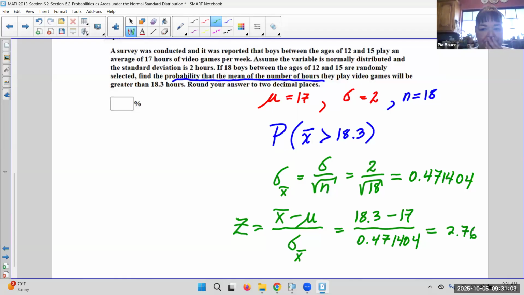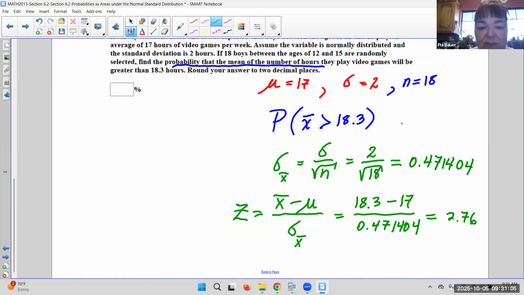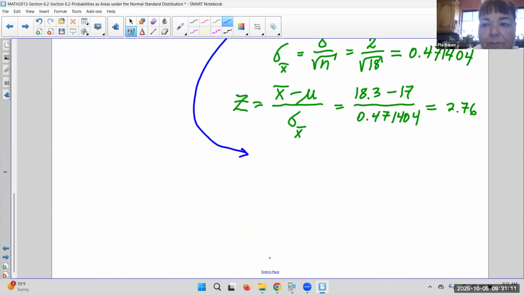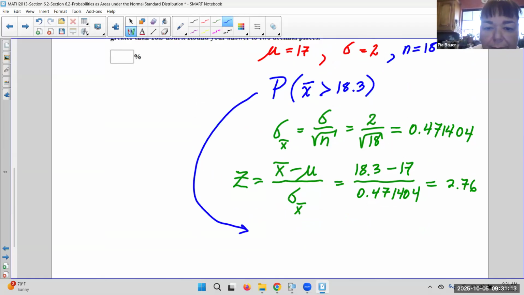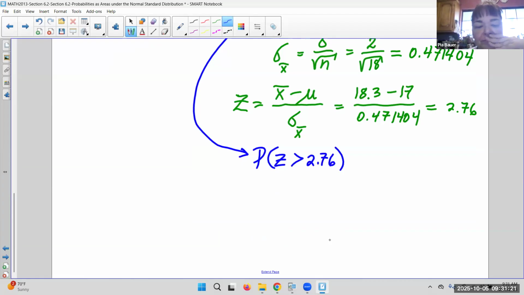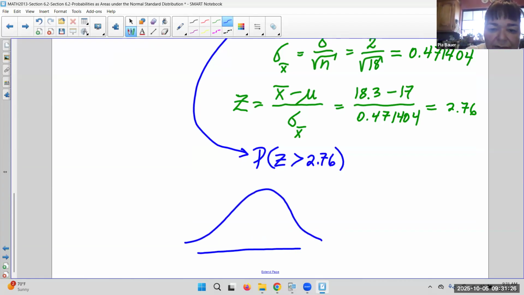Okay, so then this probability becomes the probability that the z-score is greater than 2.76. So again, I think about this as the area under the curve. Here is z equals 0.